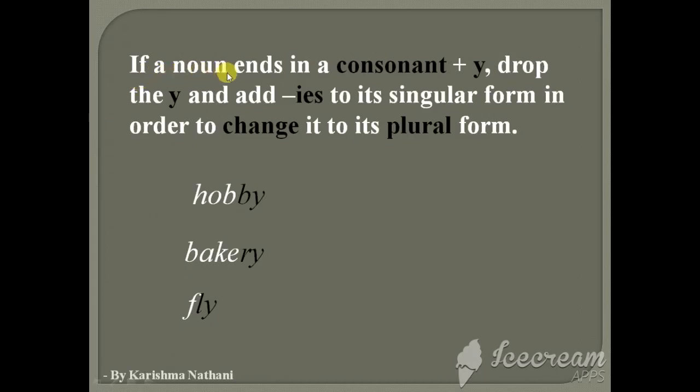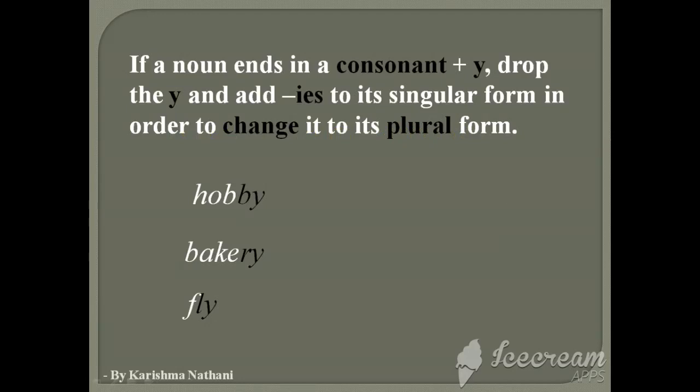If a noun ends in a consonant plus y, drop the y and add ies to its singular form in order to change it to its plural form. For example, hobby.